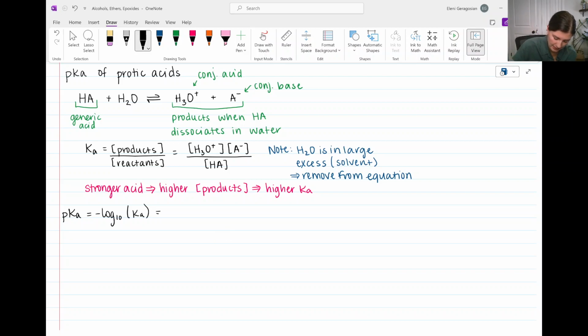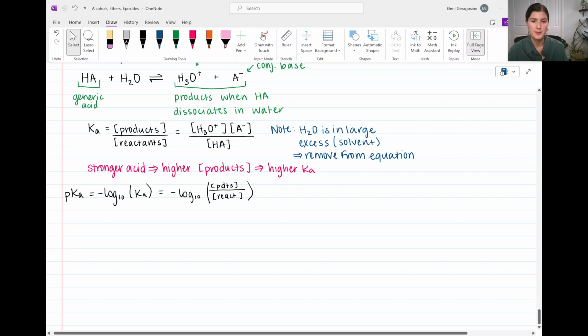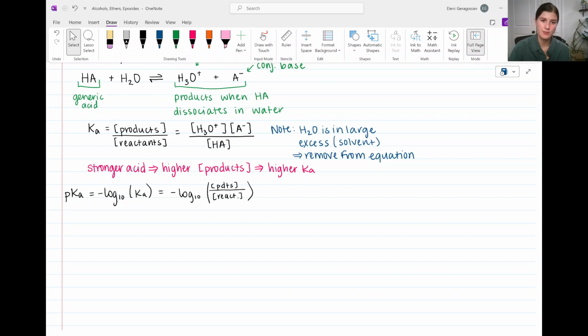So pKa is the negative log of Ka, that's also the negative log of concentration of products over concentration of reactants. Because we take the negative log of the Ka, that means that very large Kas, so stronger acids, will have a more negative pKa.